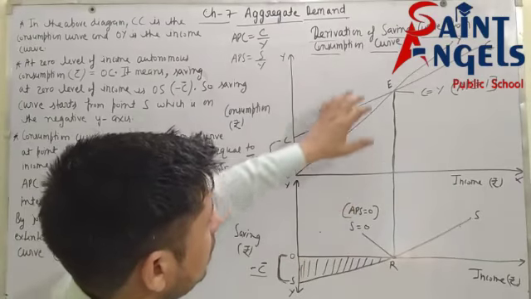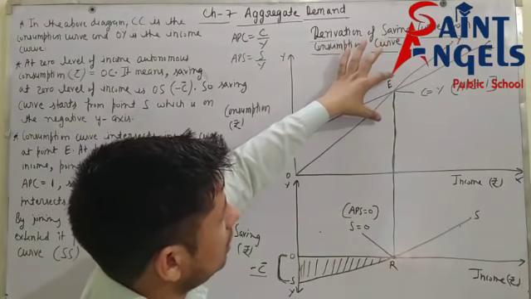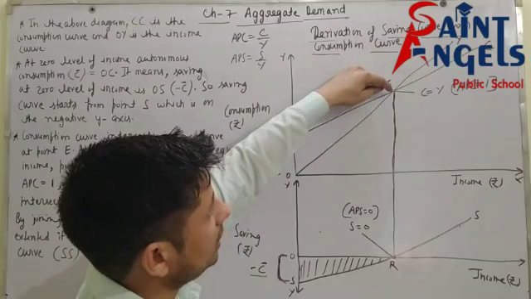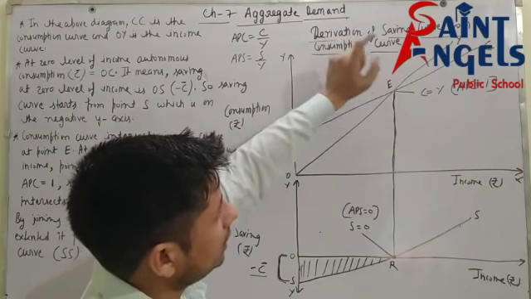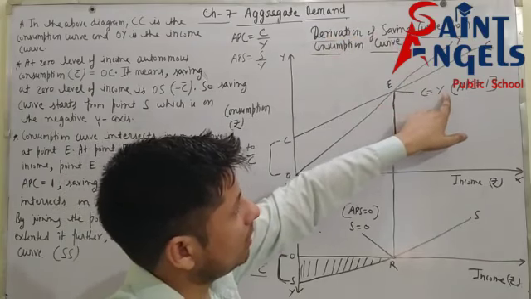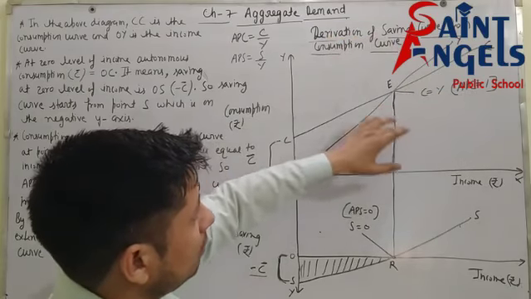After this, the consumption curve intersects the income line, or you can say income curve, at point E. At point E, where C is equal to Y, means APC is equal to 1.